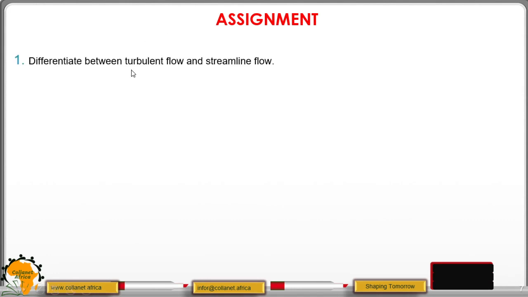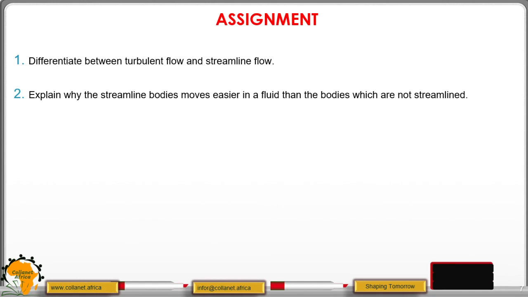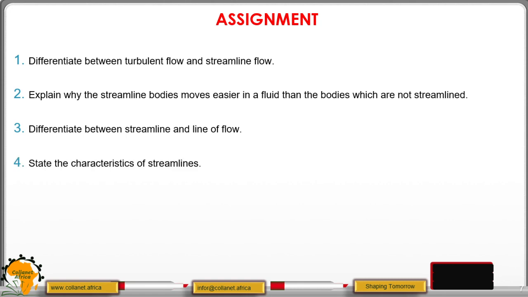Just try to do these examples, which will help you understand this topic in a very good way. Whenever you don't understand, it's always good to consult. Talk to your friends, talk to ColorNet, which is very open for questions. You can just visit us. As we said, you're supposed to create a student email, and you can even post your questions there. We at ColorNet are always ready to help you, the learner.